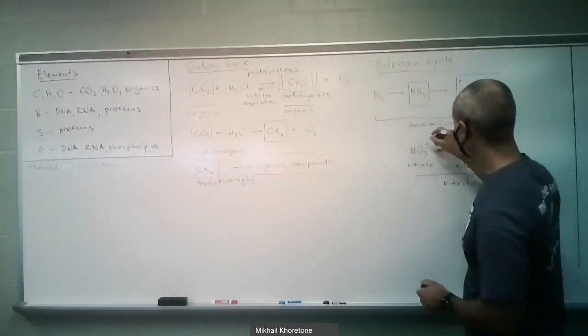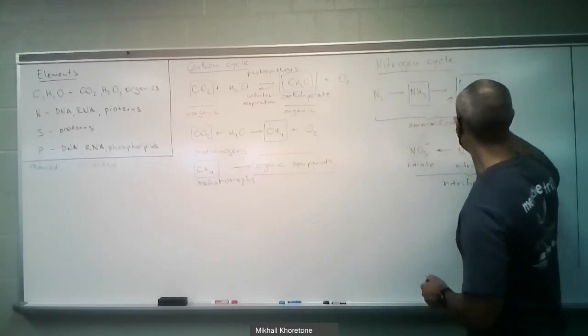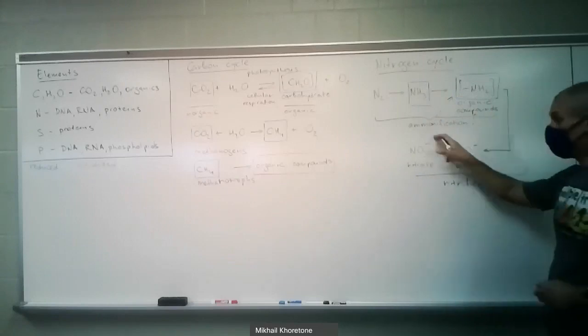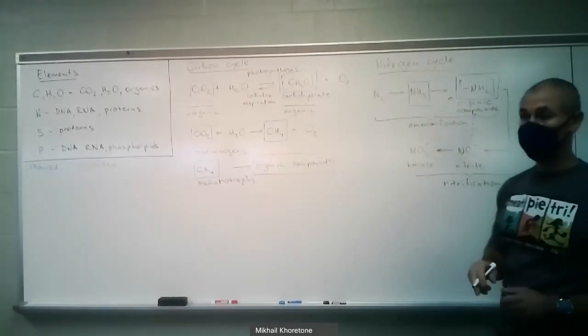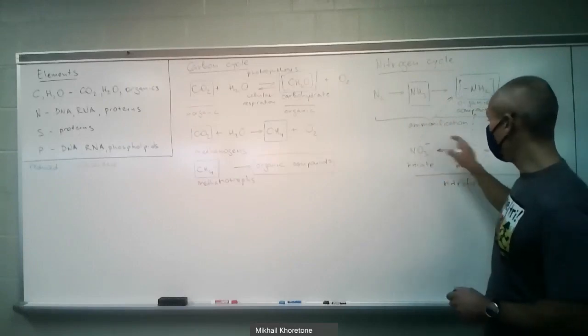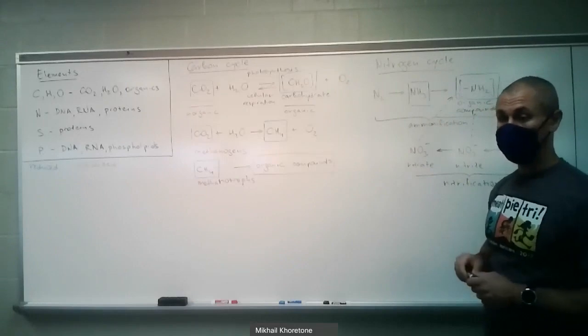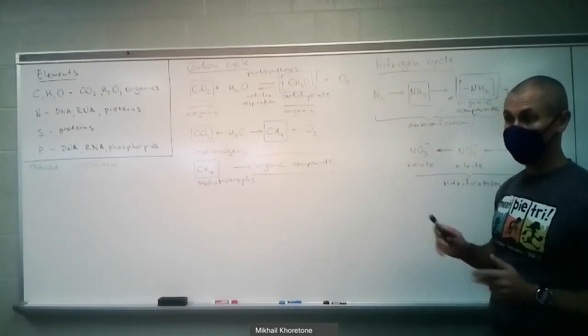Now look at this. You can essentially use nitrate and nitrite as nitrogen sources as well. This is why we use different nitrites and nitrates as fertilizers. Does that make sense?